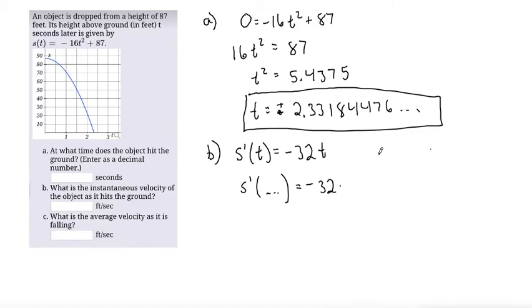So this would be our derivative, and we need to plug in our number that we got from part A. So s prime of this number is equal to negative 32 times that number. That was really bad handwriting, sorry. I kept that number in my calculator, so I'll just multiply it by negative 32. And that gives me negative 74.61903, and it continues.